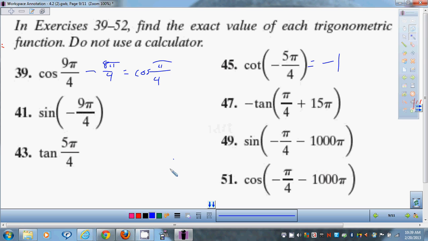So what's directly opposite of 45 in a unit circle? Yeah, 225 or 5 pi over 4. So now take tangent of 5 pi over 4, and what would it be? 1, and then make it negative. So negative 1.